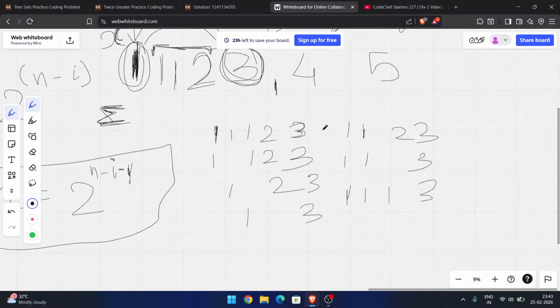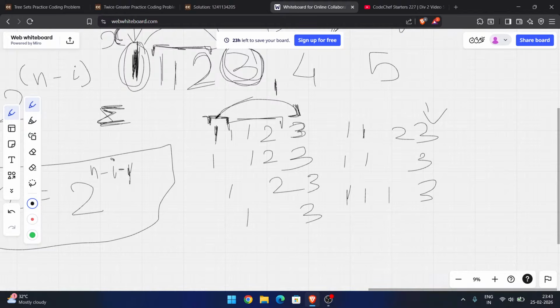In how many arrays is this contributing towards the answer? We don't care about this. If I know that this is the starting point of my array, this is contributing towards the answer. So whatever the answer was here, I can simply add it here also.